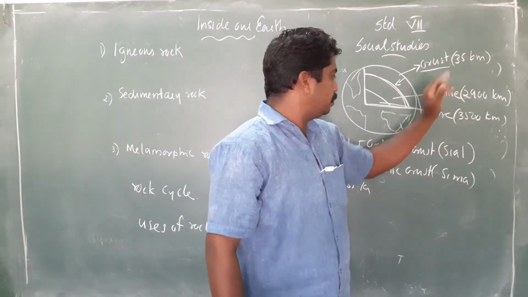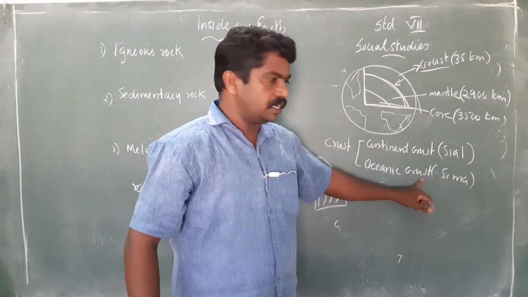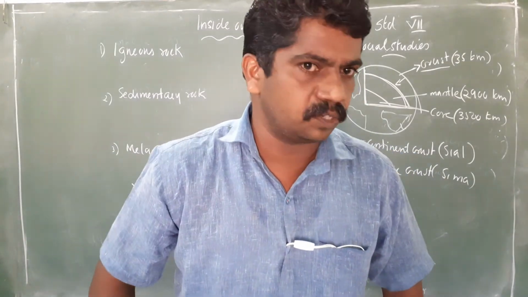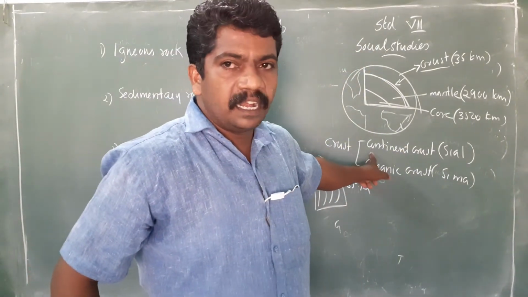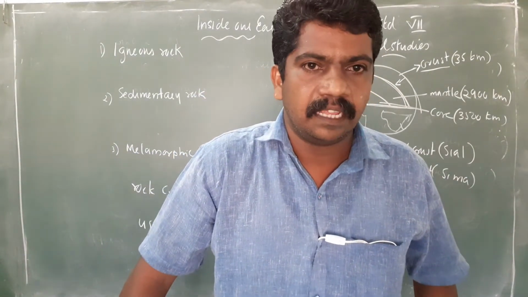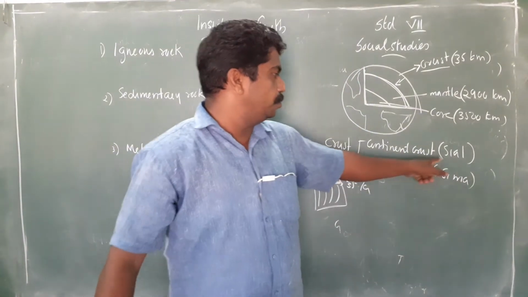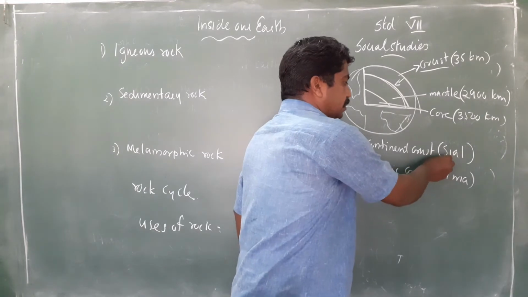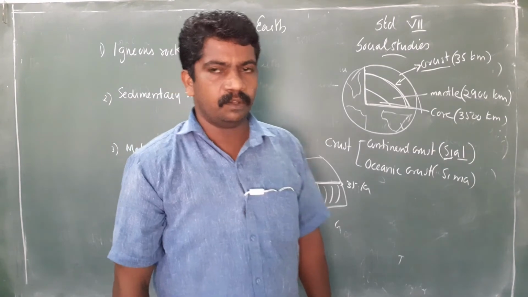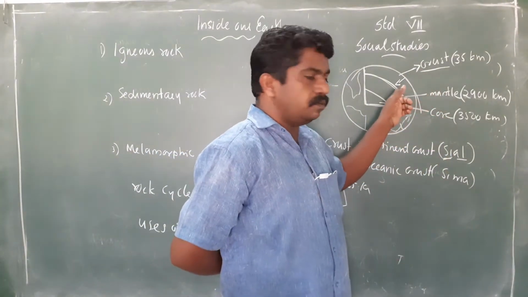The continental crust where we live is also called Sial, because it contains minerals like silica and alumina. Sial: silica, aluminium. Our earth crust is 35 kilometers from top to bottom.